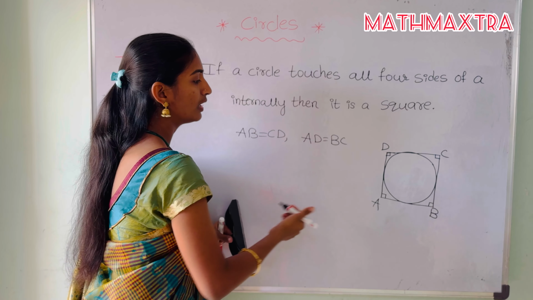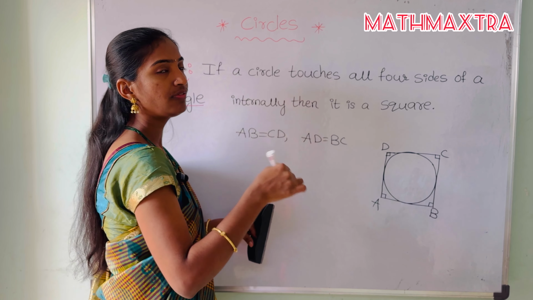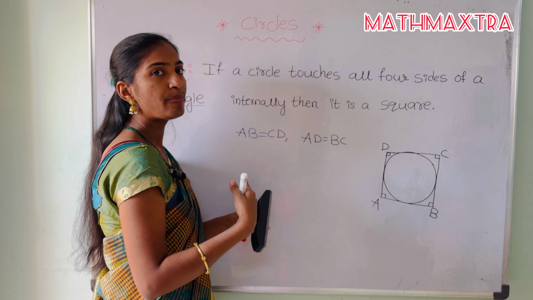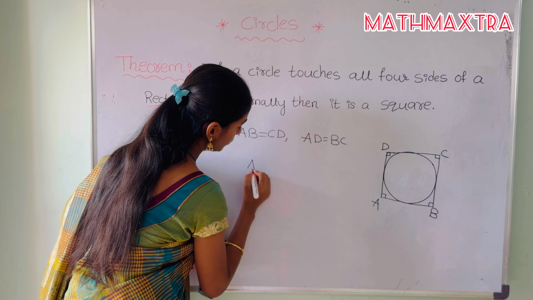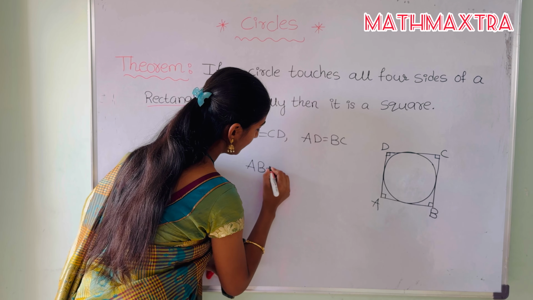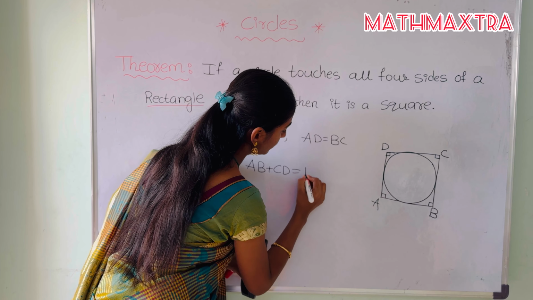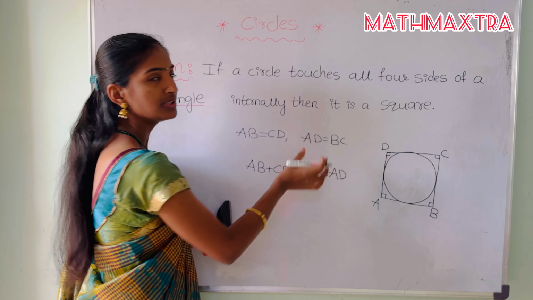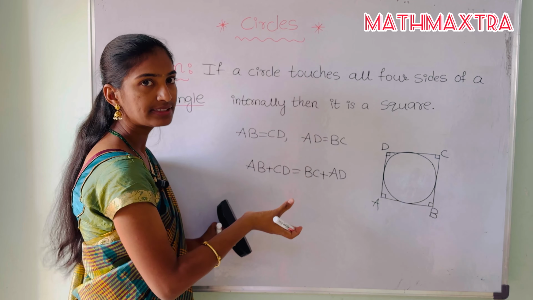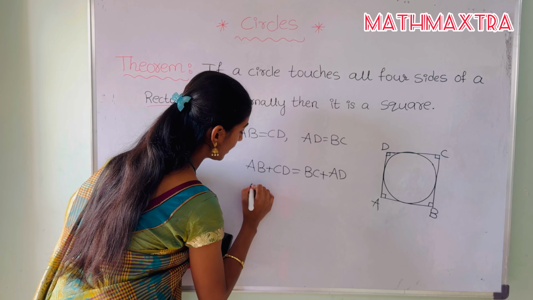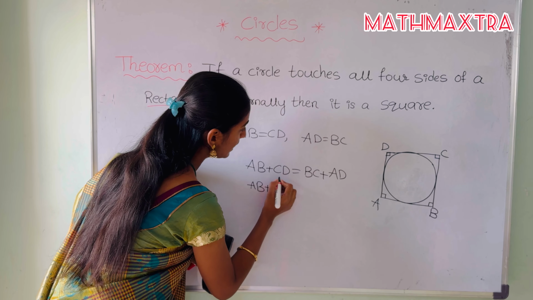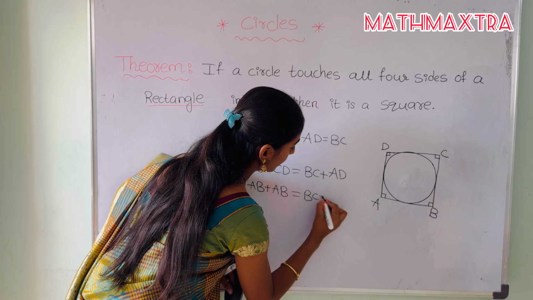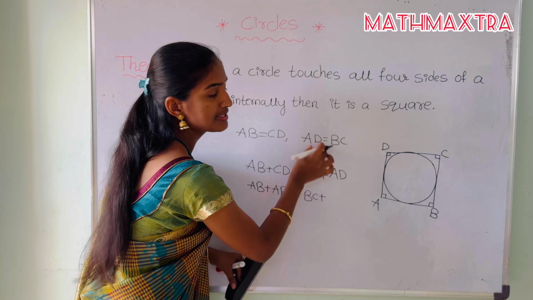In order to prove that, we have a condition that if a circle touches all the four sides of a quadrilateral, the sum of opposite sides are equal. We have to write that condition first: AB plus CD is equal to BC plus AD. We know the pair of opposite sides are equal in the case of a rectangle, so you have to substitute AB in place of CD, giving AB plus AB, and substitute BC in place of AD.